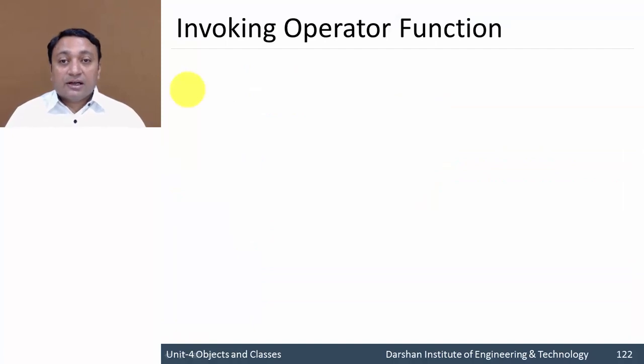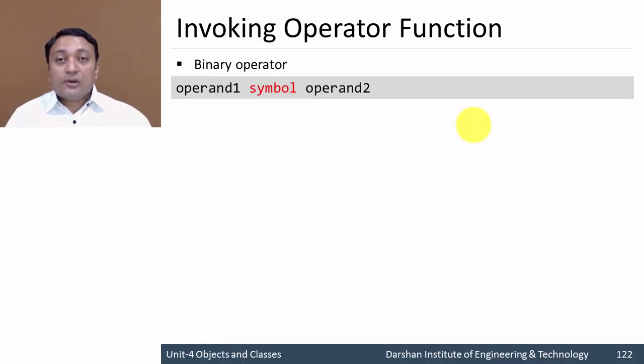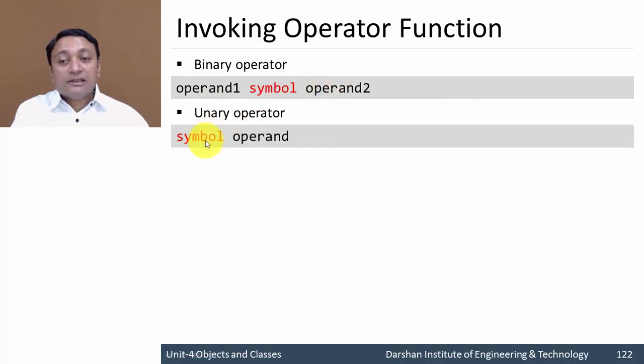So let us see how to invoke operator function for all cases, or let us summarize the operator overloading. If you are overloading binary operator, then you are supposed to write operand 1 then operator symbol and operand 2. If you are using unary operator, then symbol and operand. It will take only single operand.